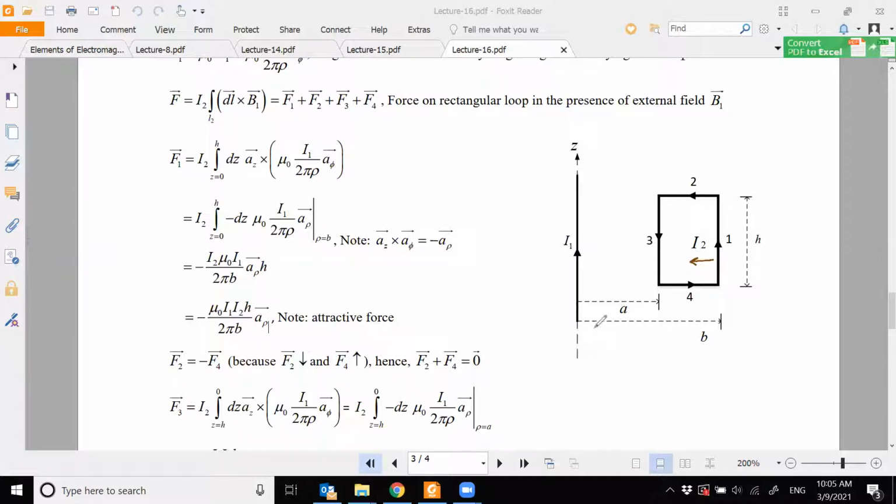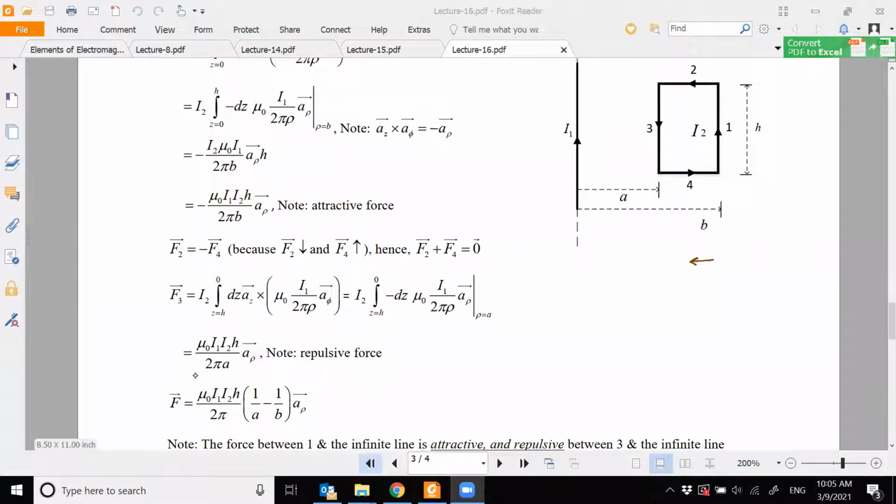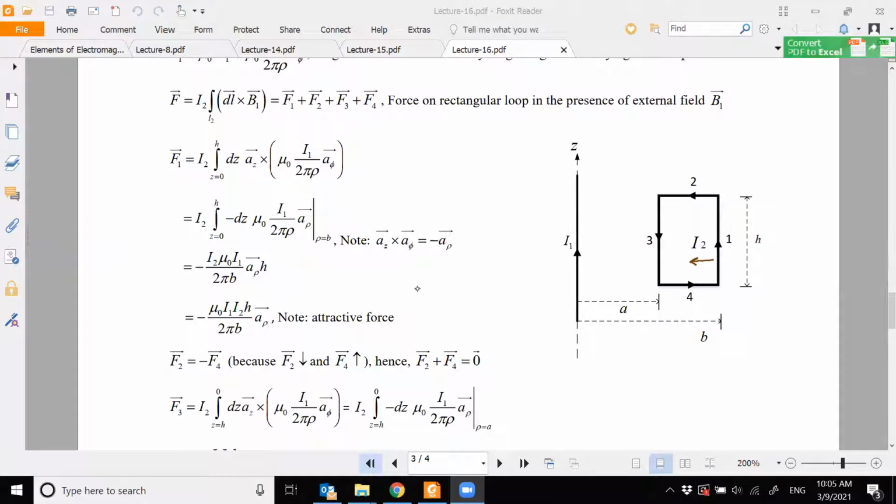Now for F3, the force is in the positive rho direction. So F rho is now in this direction.